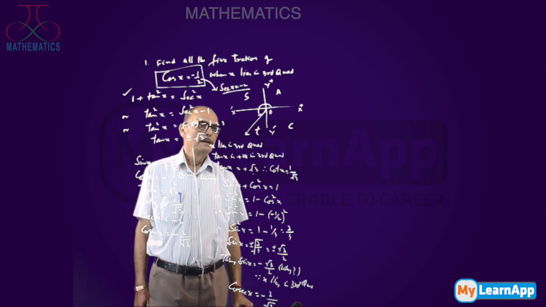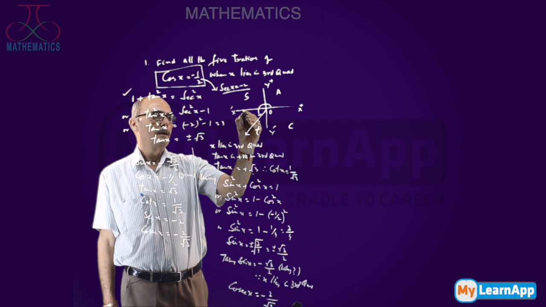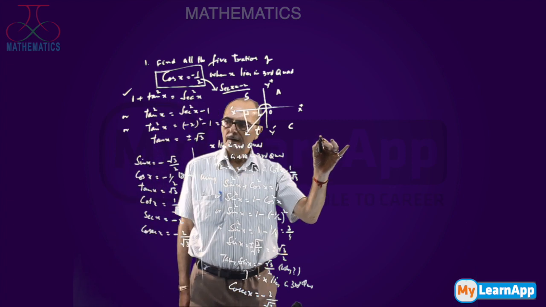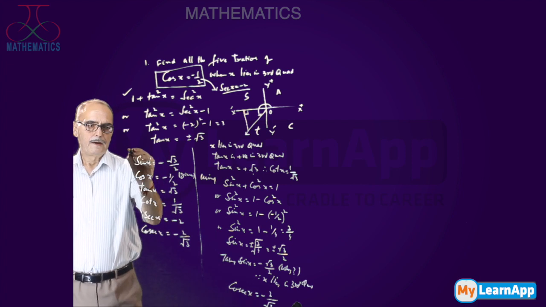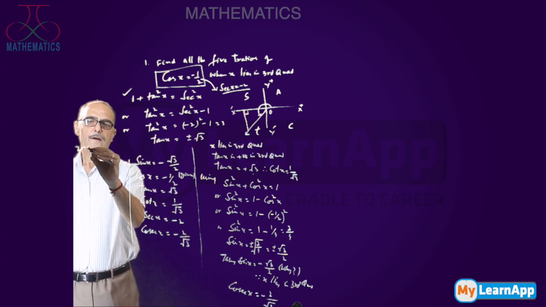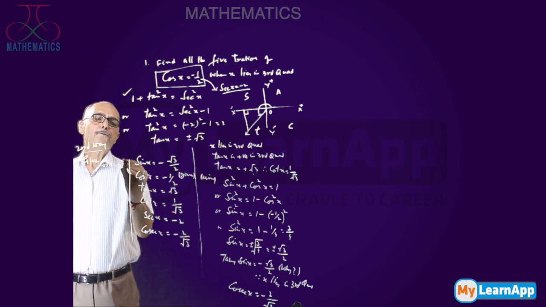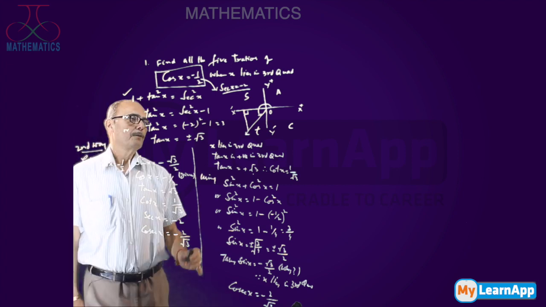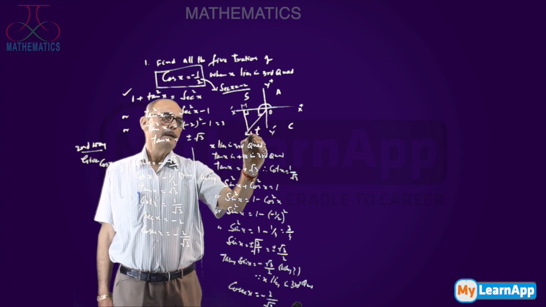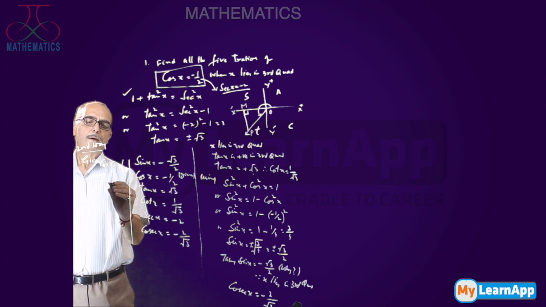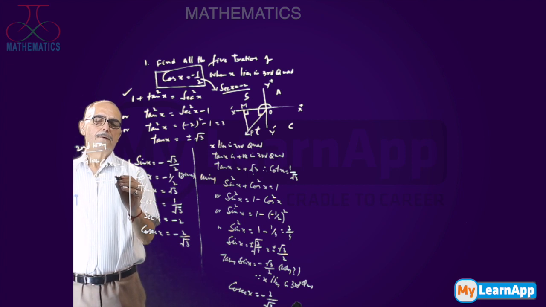Now another approach is, the second way: given cos x equal to minus 1 by 2, and if you consider this figure, the right triangle OMP, so OM base over hypotenuse OP is minus 1 by 2.